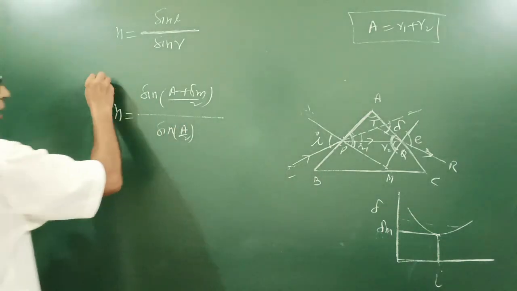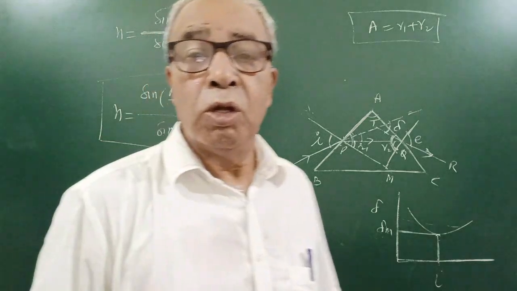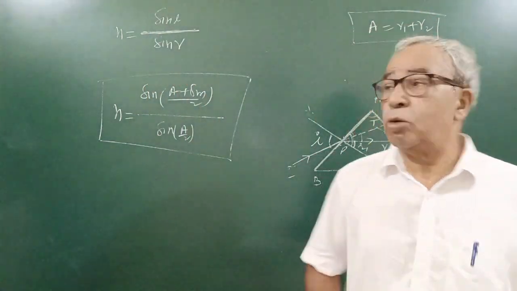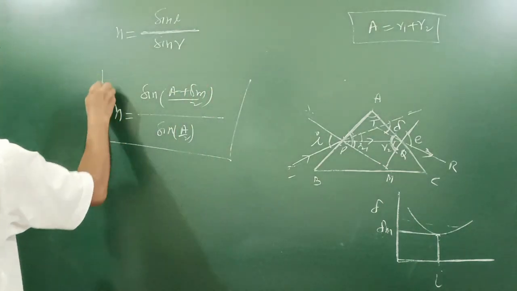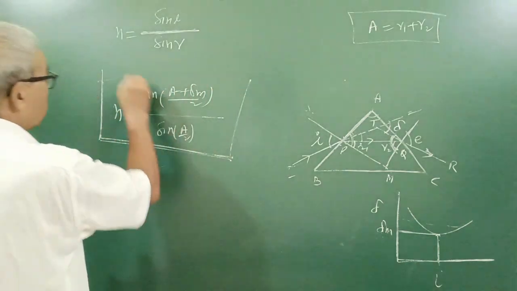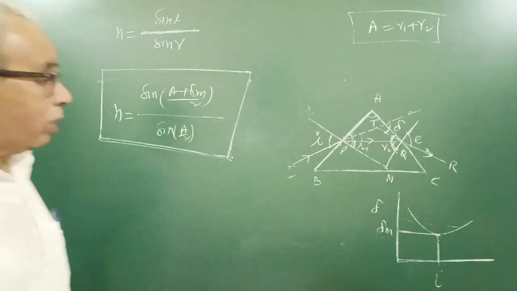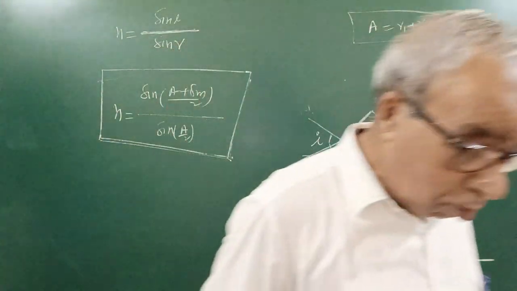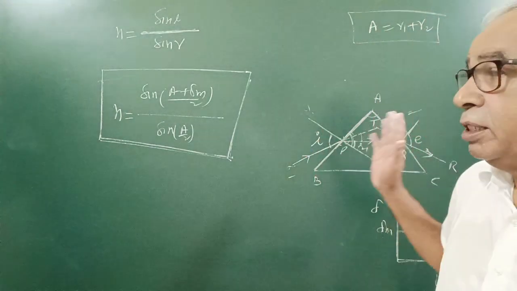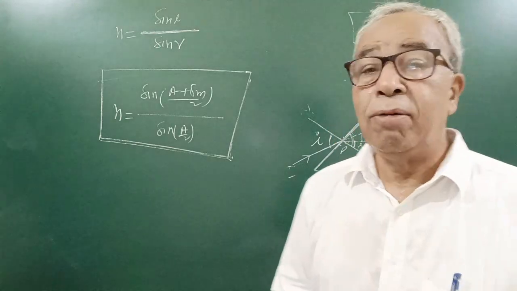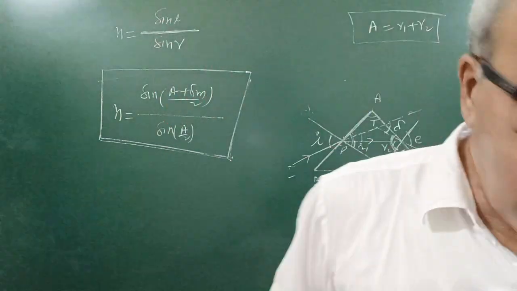This is called the refraction formula for a glass prism. So please learn all parts of this derivation, because in the exam a question is asked on prism. In ray optics, prism is very important because it makes so many things clear to us. So learn all these things properly. I will be coming in the next video with more concepts of prism. Thank you.